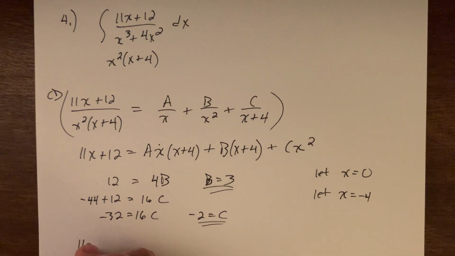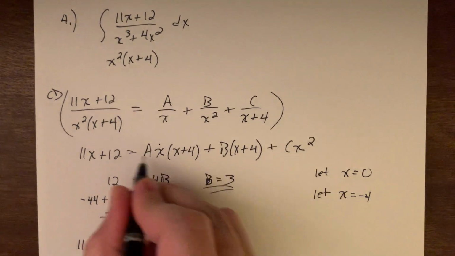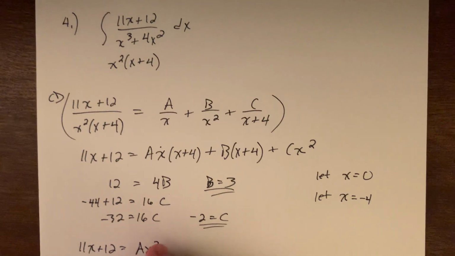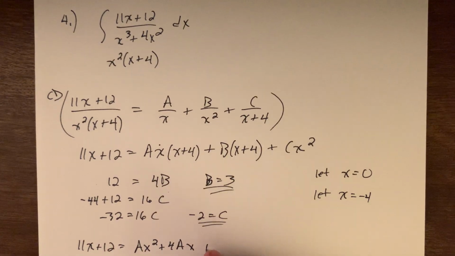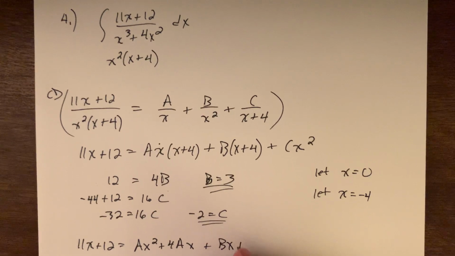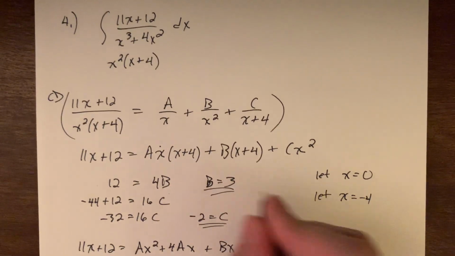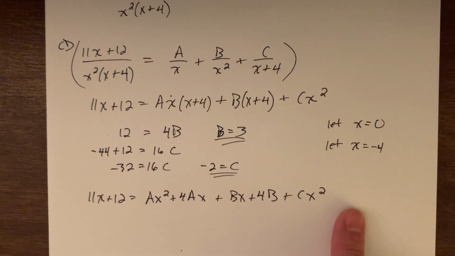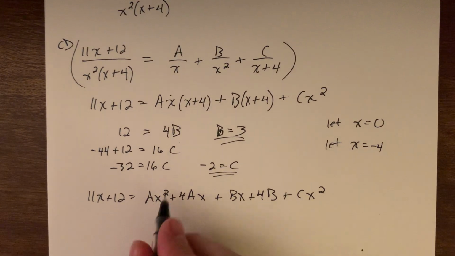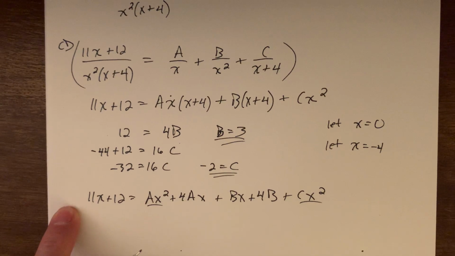The left side is done. But over here, that's ax squared plus 4ax, distributing here. I get bx plus 4b. And the cx squared is still there. The x squareds, there is no x squared here.